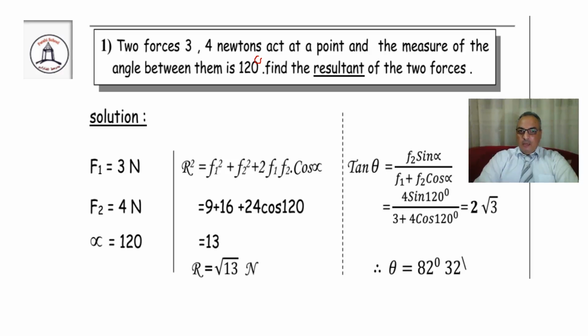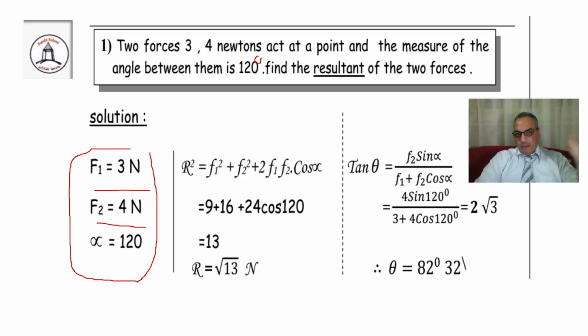Always the direction of the resultant is with the first force F1. Here is the data of the exercise: F1 equals 3 Newton, F2 equals 4 Newton, alpha 120 degrees. Write the formula from the above: R square equals F1 square plus F2 square plus double F1 F2 cosine alpha.